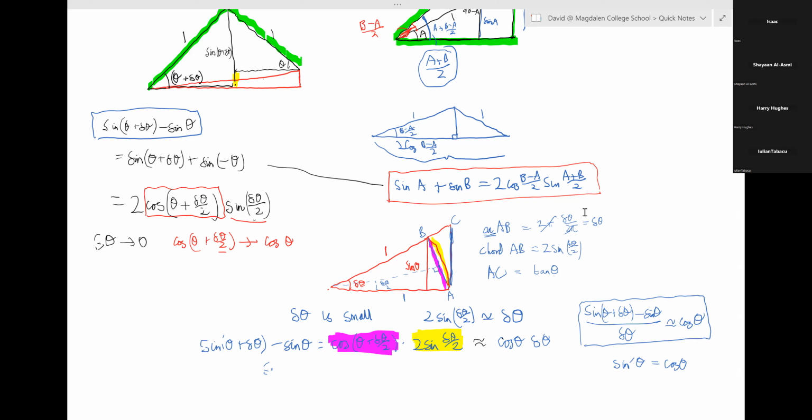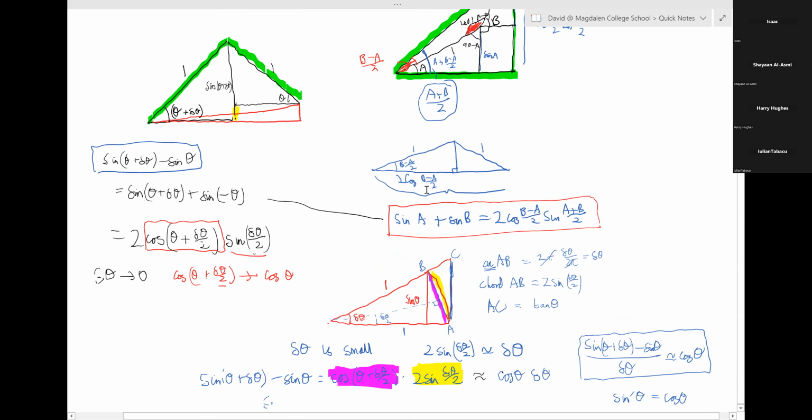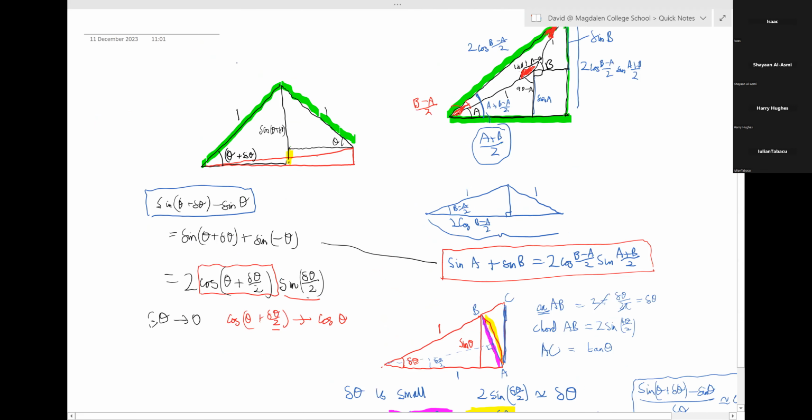Okay, great. So someone said, if theta is large, could it ruin the approximation? Well, yes. If theta is large, cos of theta plus delta theta over 2 is no longer approximately cos theta, because that approximation relies on the continuity of the function cosine.